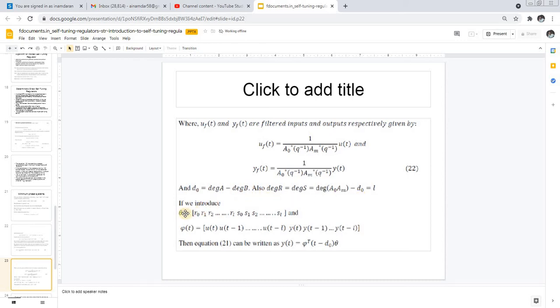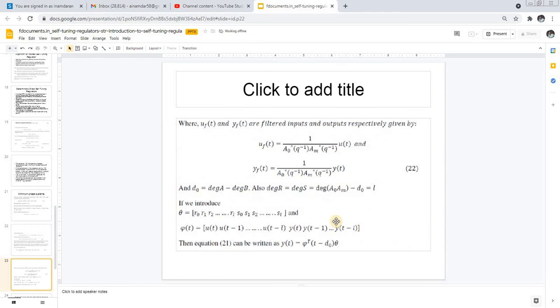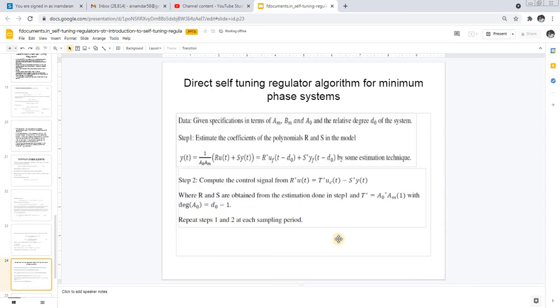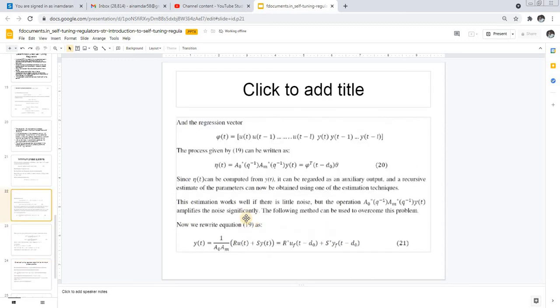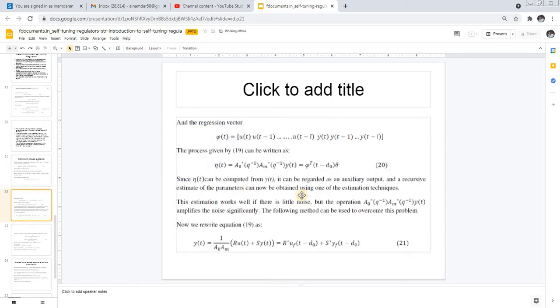So now if we introduce the parameter vector and the regression vector, equation number 21, this equation for noise cancellation can be written as y of t equals phi transpose (t minus d naught) theta. This is how we can obtain the direct STR, or self-tuning regulator, which is deterministic for minimum phase systems.